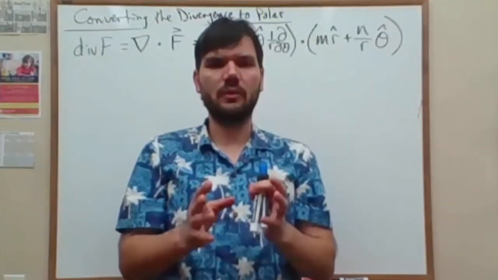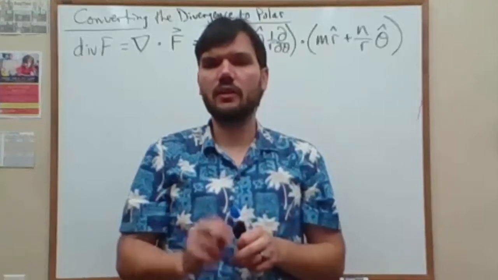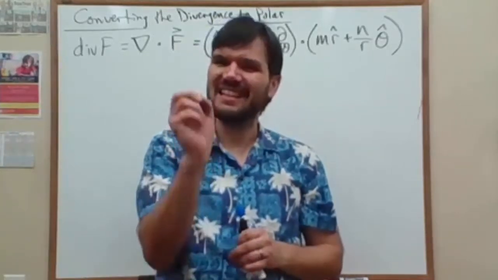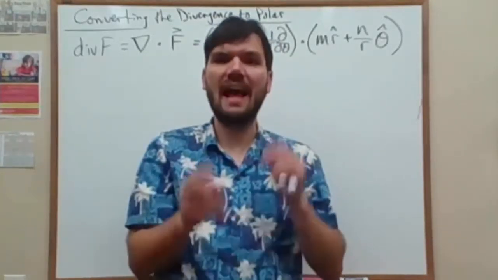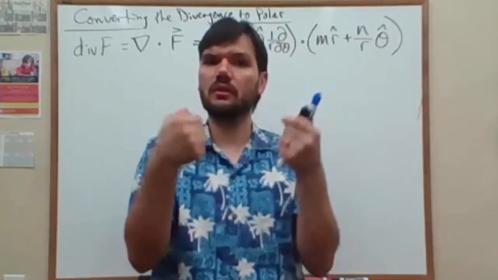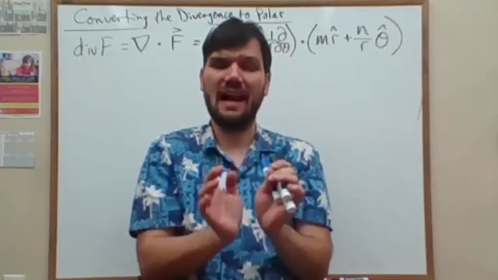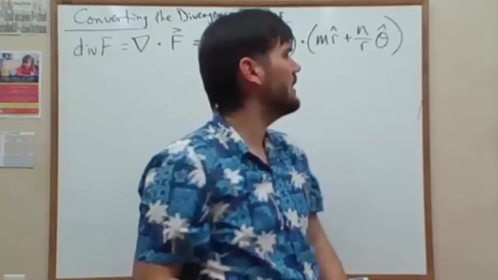Now we're going to combine these two pieces together using the dot product in its fundamental form of how the vector directions dot to either 0 or 1, because these are orthogonal directions, r hat and theta hat.